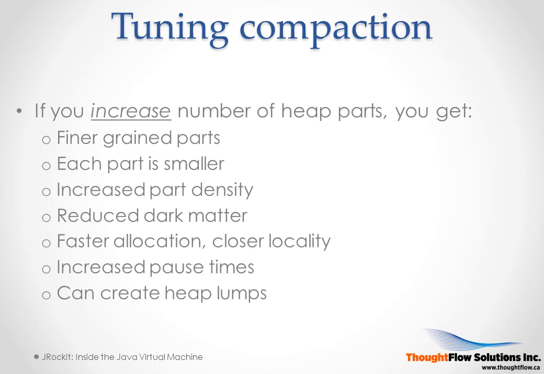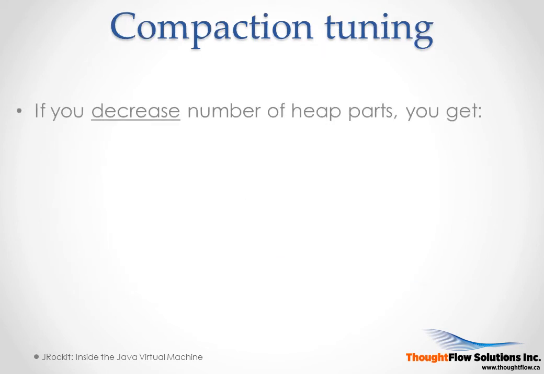You have to be careful because that could create heap lumps, where you have a lot of objects in a part, and that makes the garbage collection work harder whenever it has to compact that. So increased part density, reduced dark matter, and faster allocation are obviously a good thing, whereas increased pause times and lumps are a bad thing.